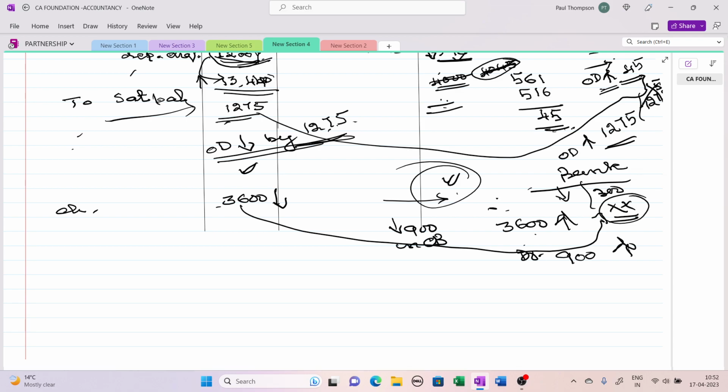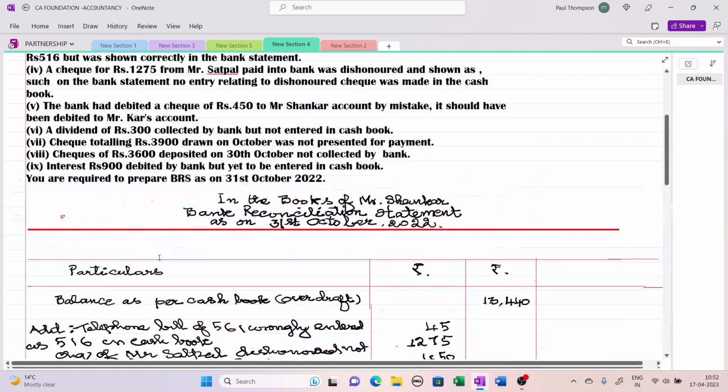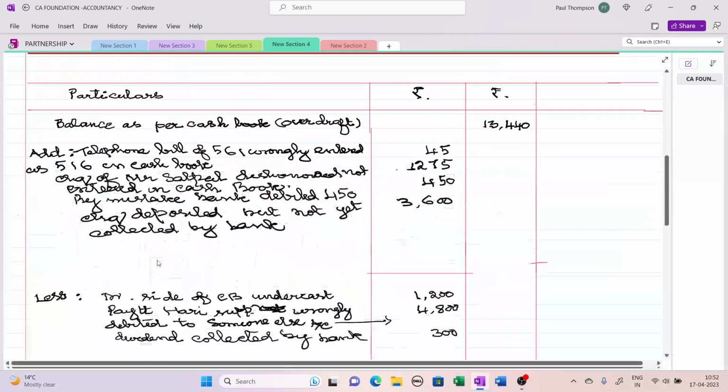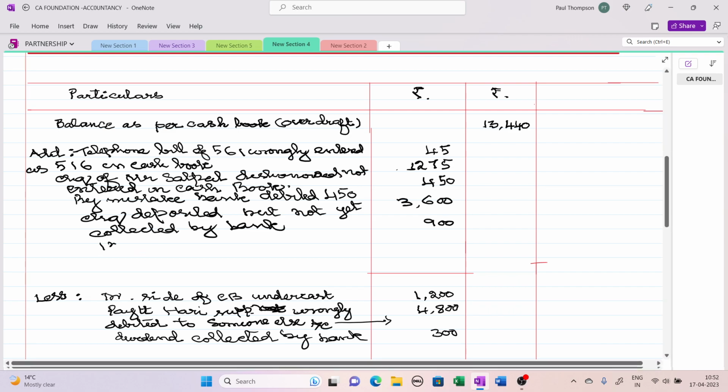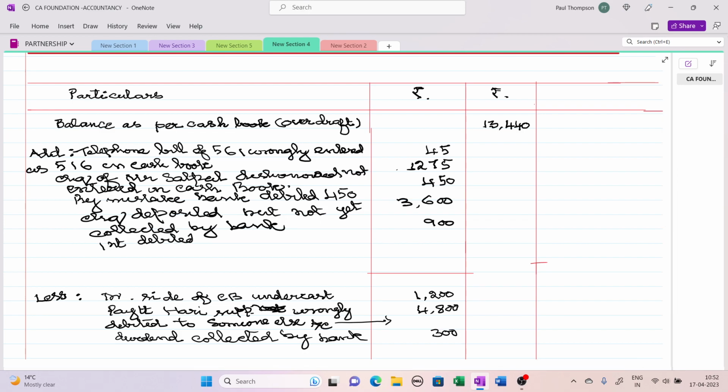But in passbook it is 900 more. Interest debited by bank, not entered in cash book. Okay.